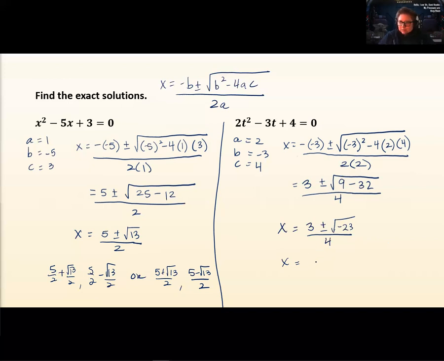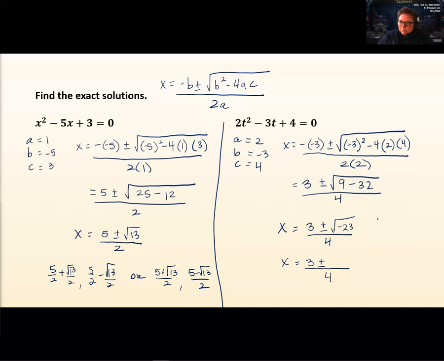So what does that negative do? What do we turn that into? How do we write this properly? We turn it into a positive.